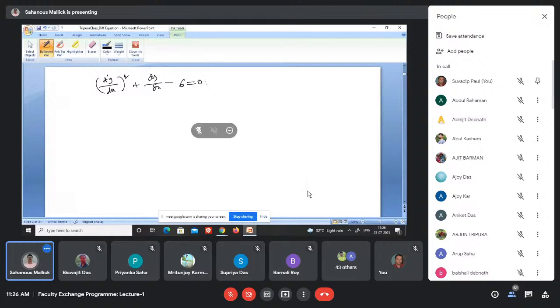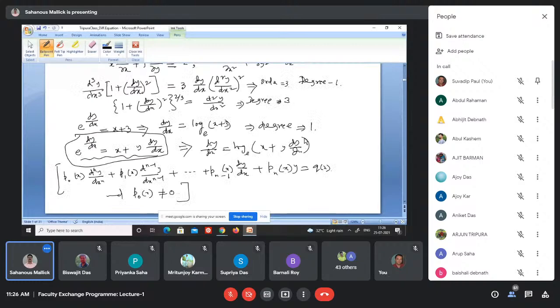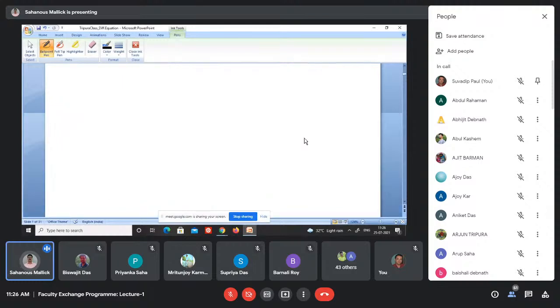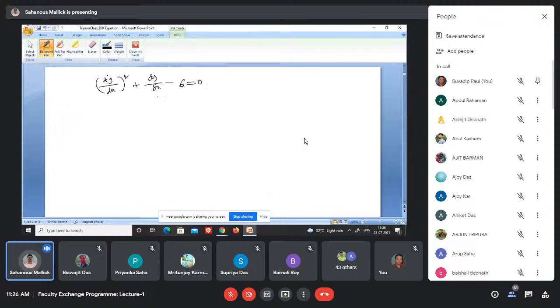This is an example of a non-linear differential equation. Actually, this equation is of order 1 and degree 2, and it is not in this form. Clear? This is an nth order linear differential equation. This is a first order non-linear differential equation.